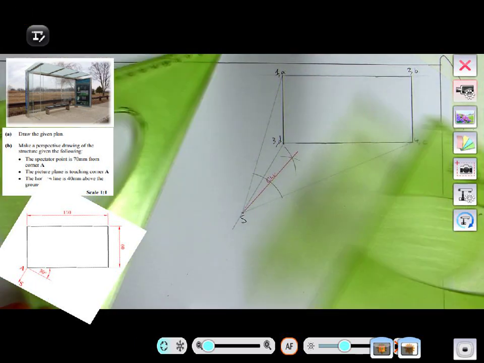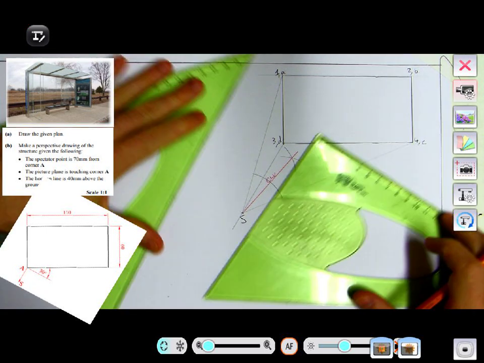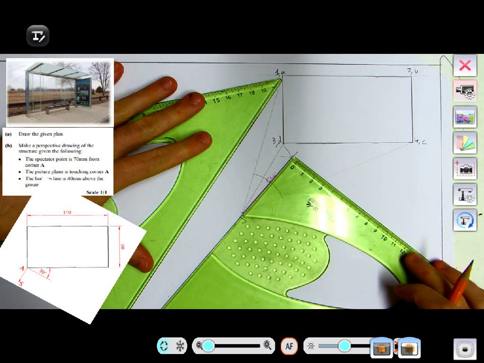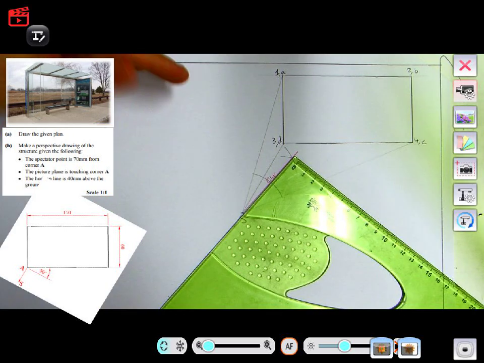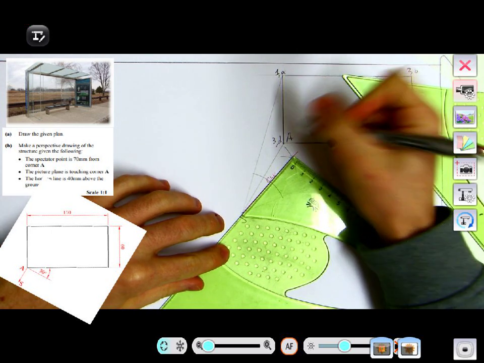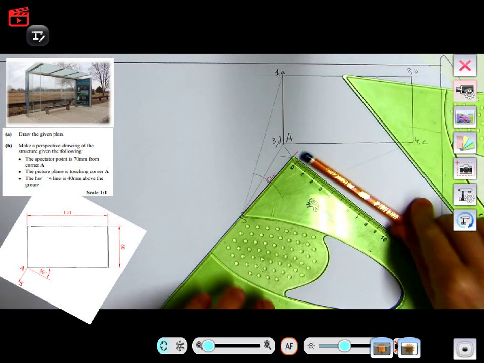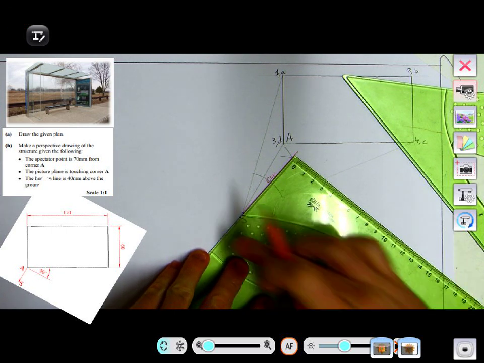Now the picture plane is what the image will be cast onto. And again, if it's the screen of your phone, the screen of your phone is the picture plane. But in our circumstance, we were told that the picture plane is up against corner A. This being corner A here. So I'm going to take my set square and line it up with the center line of vision.